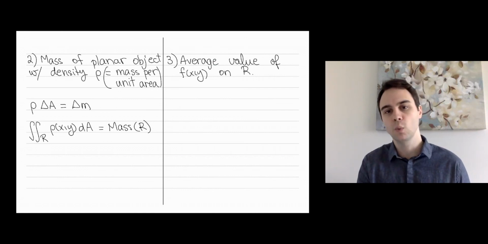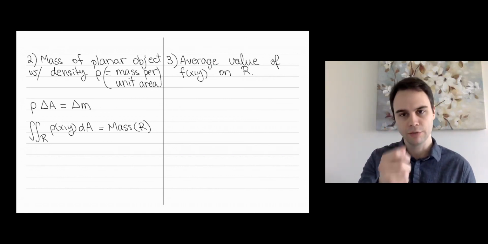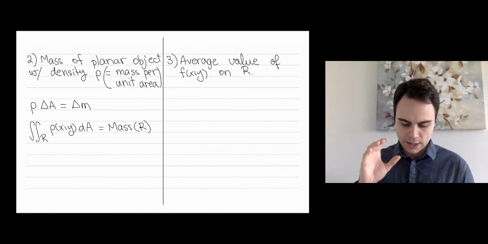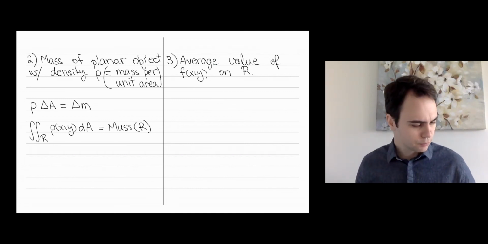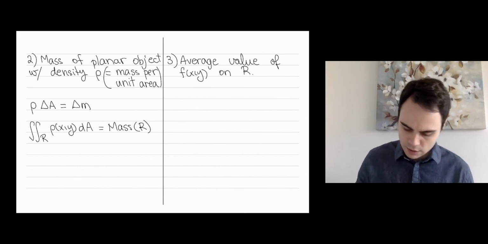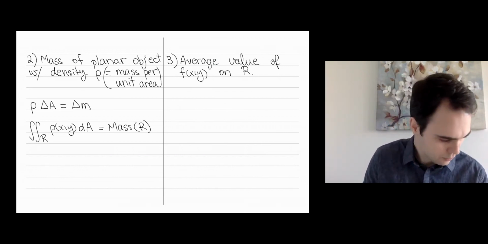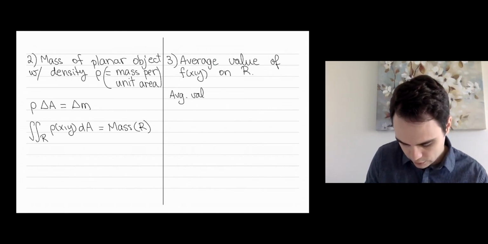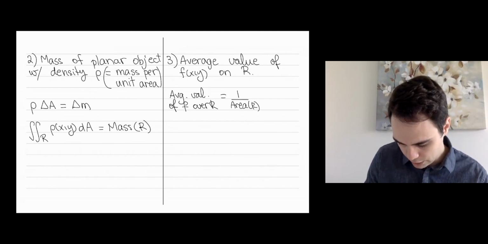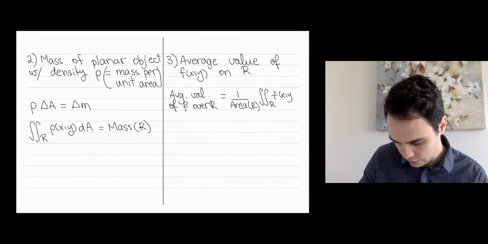For each x and y in R, I get a number f of xy, and we can really think about the integral. So the average value of f over R, that's equal to the area of the region multiplied by the integral over the region of the function.